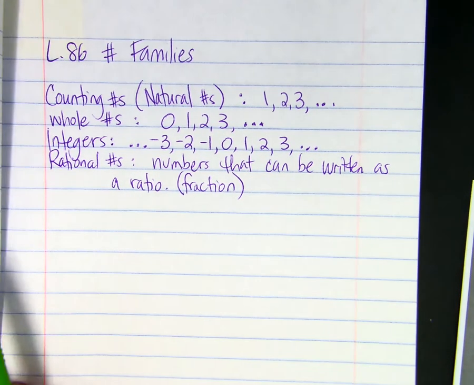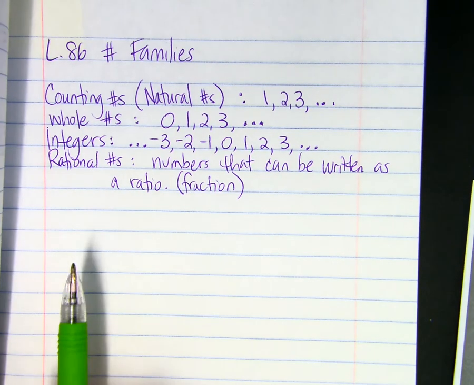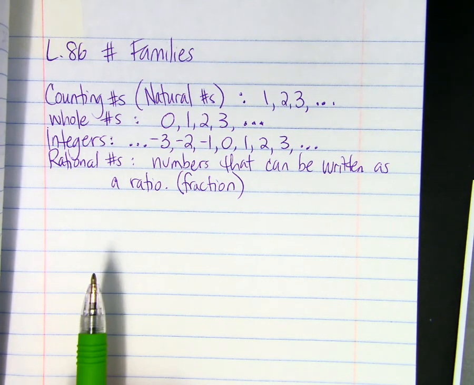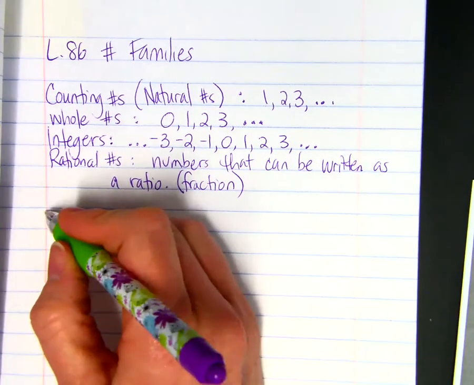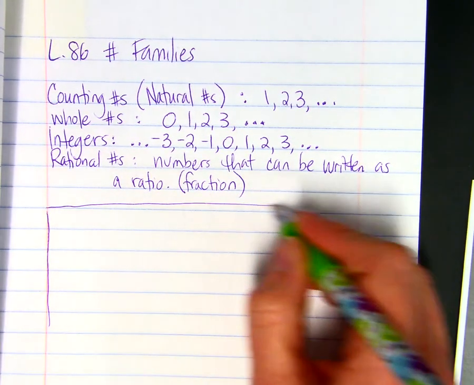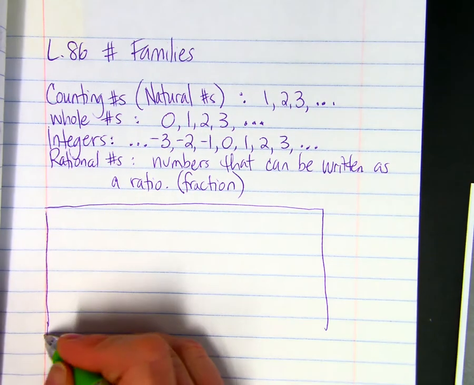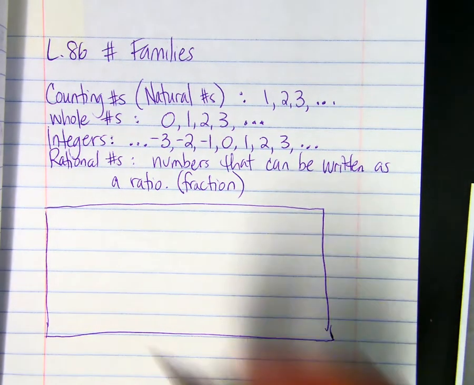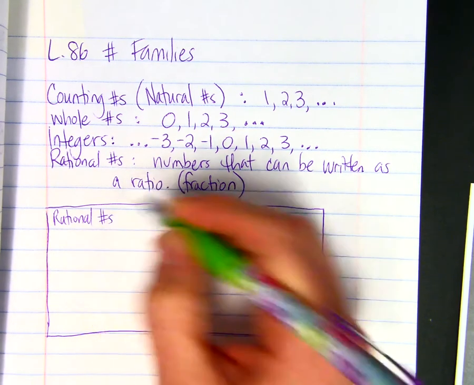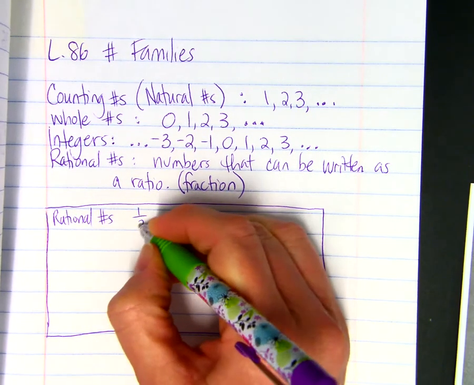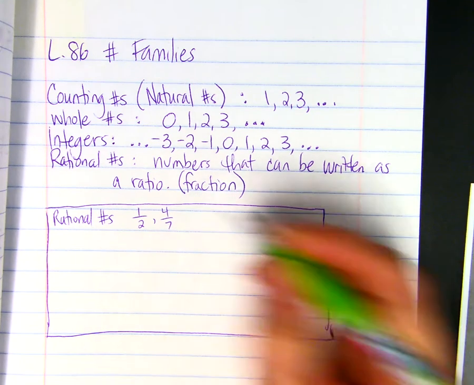So they can be written as a ratio of 2 integers. So if we have a box with all the rational numbers in it, we have numbers like 1/2, 4/7.